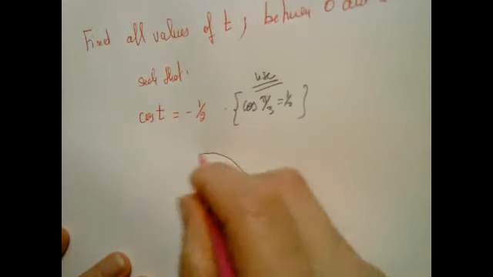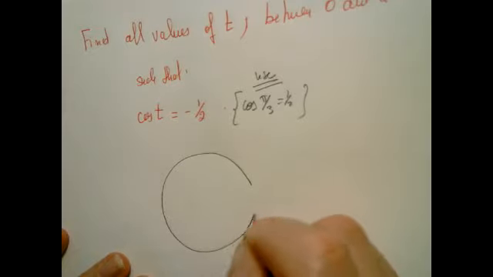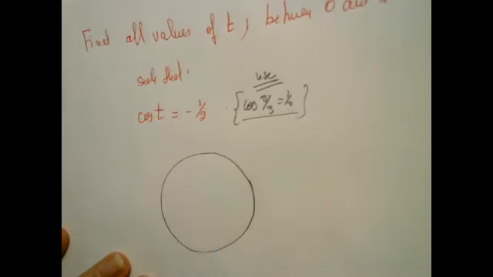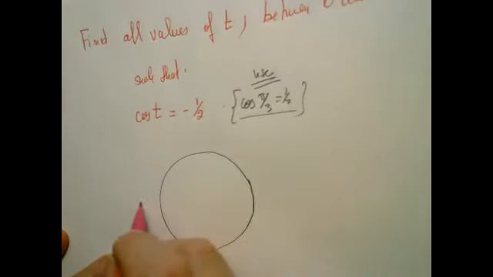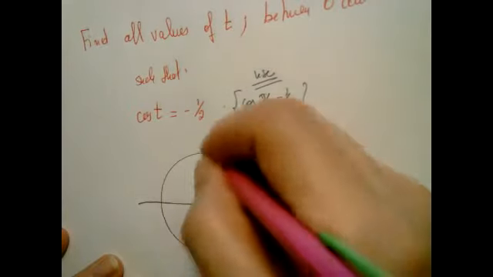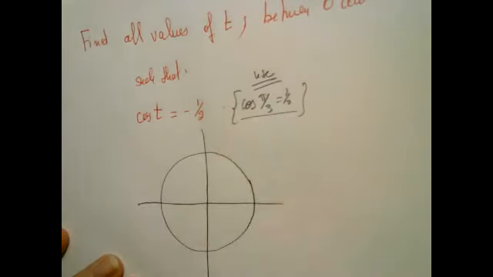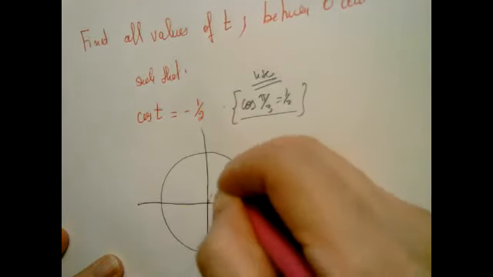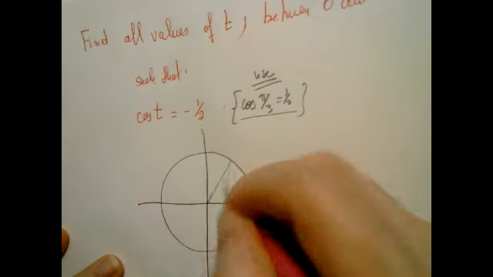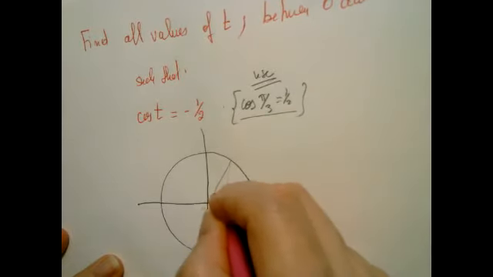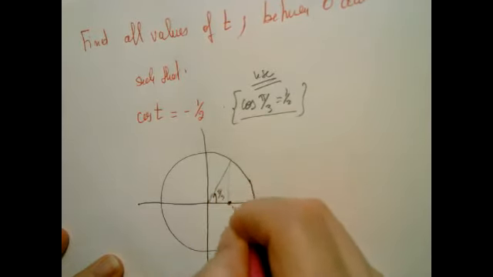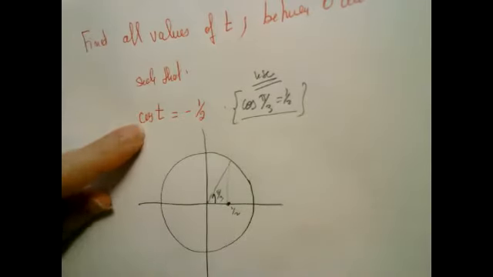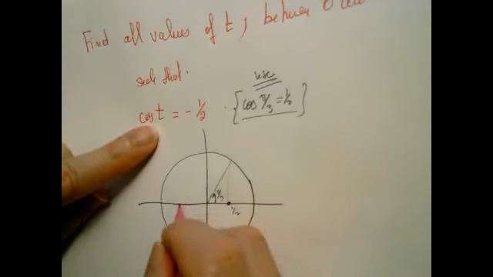Okay, as I said, I don't memorize. I told you what I want you to use. I want you to use only this one, and then the rest we will actually figure out. So this is my unit circle. The cosine of pi over 3 is a half. So this is a half, and this is pi over 3. That's the only one I want to use. But now I want those whose cosine is minus a half. So minus a half is right here.